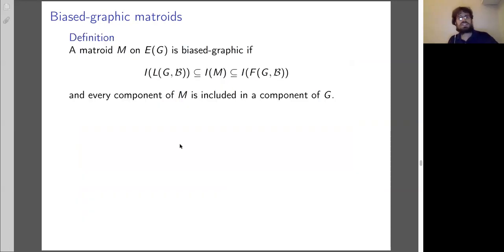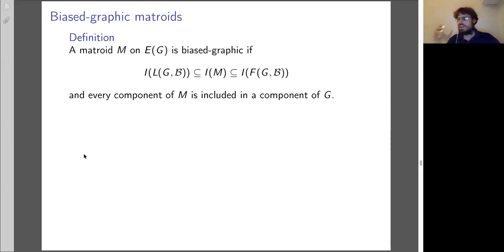So remember that a matroid was supposed to be biased graphic if all the independent sets of the lifted graphic matroid are independent in this matroid, and all of this matroid's independent sets are independent in the frame matroid. And we had to impose this extra condition: every component of the matroid is already included in a component of the graph.